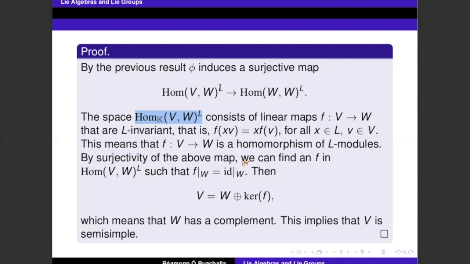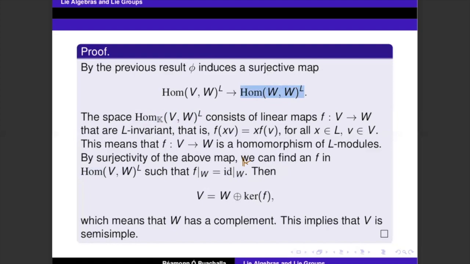Now that means, by surjectivity of phi from here to here, we can find an F in this space such that F restricts to the identity. The identity is definitely an L module map, so this identity function lives inside here.